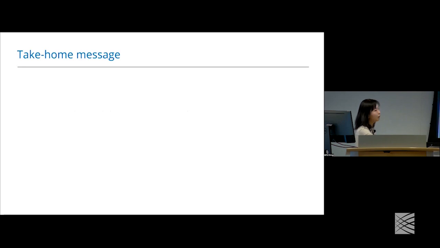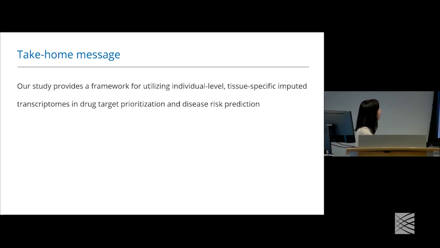So the take-home message from this talk is that our study provides a framework for using individual-level tissue-specific imputed transcriptome in drug target prioritization and disease risk prediction. We show that gene-tissue-trait association inference prioritizes druggable genes for phenotypes of interest.